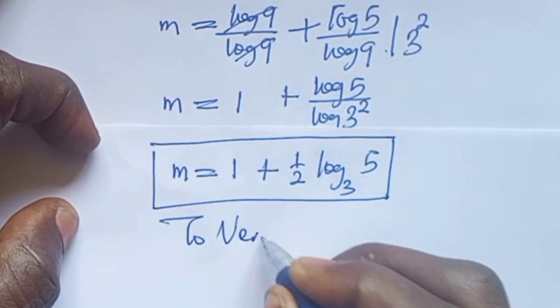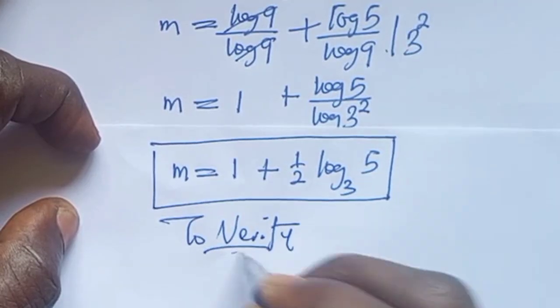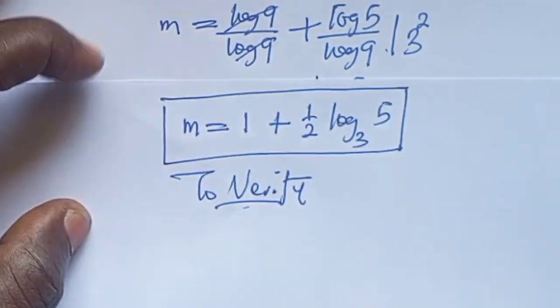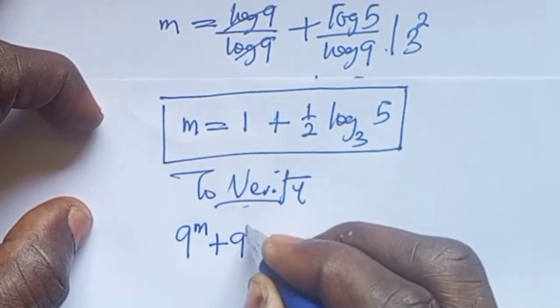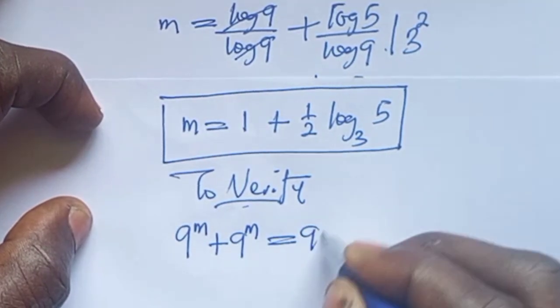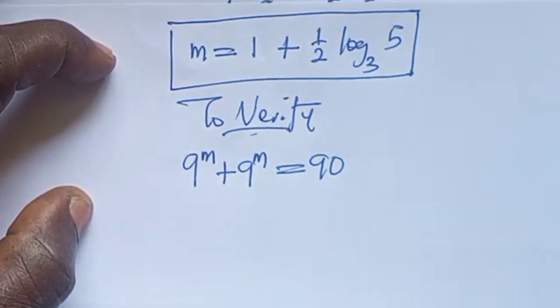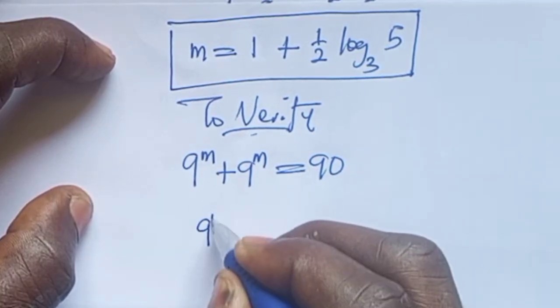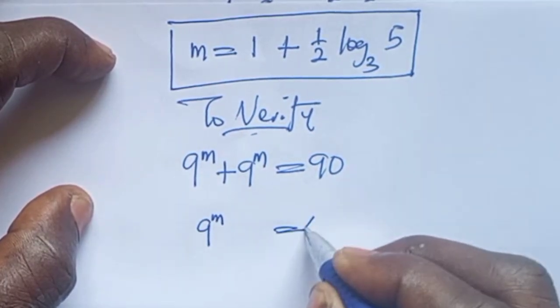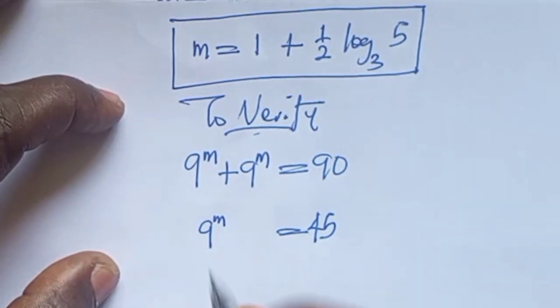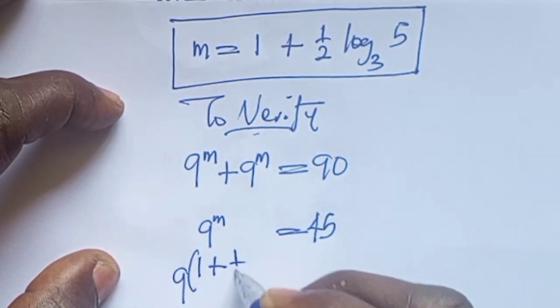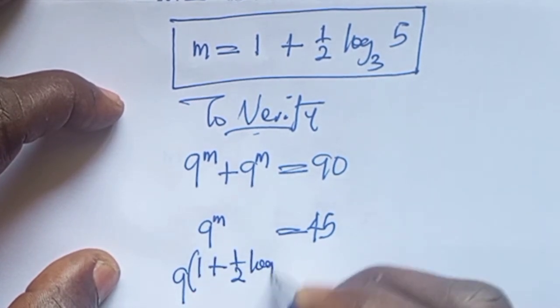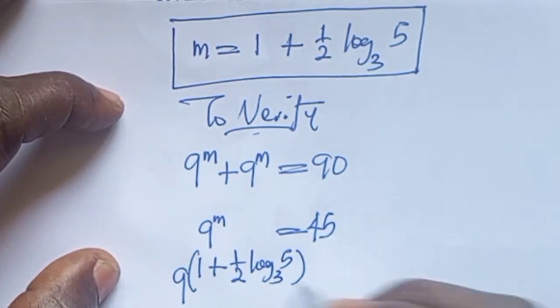And to verify this, from our equation 9 to the power of m plus 9 to the power of m equals to 90, from here we arrived at 9 to the power of m equals to 45, so that 9 will be to the power of 1 plus 1 over 2 log 5 base of 3.